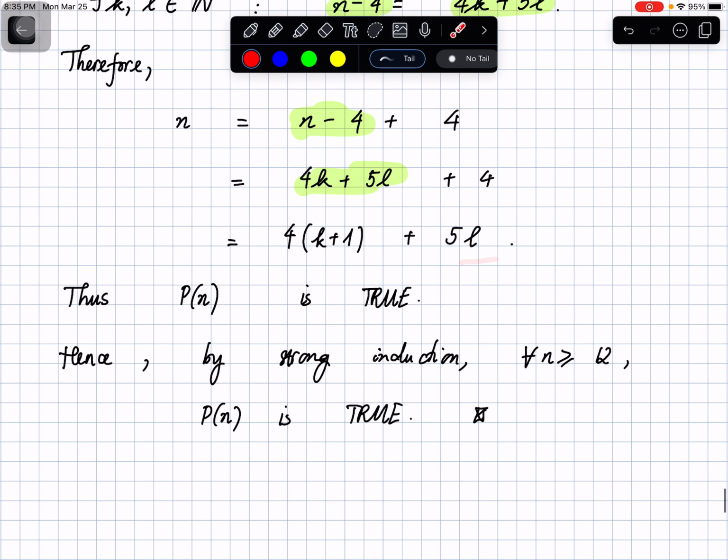So P(n) is true because n can be written as 4 times something plus 5 times something, where each something is a natural number, so we know that they are at least 0.